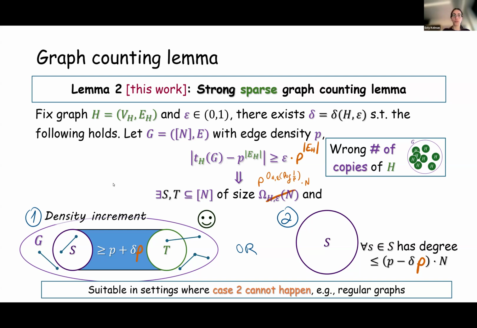Before I go to the summary and open questions, I want to note that one of the obvious open questions is improving the parameters. In particular, if one can improve the parameters in lemma 2, this will be a really huge improvement in our bounds.